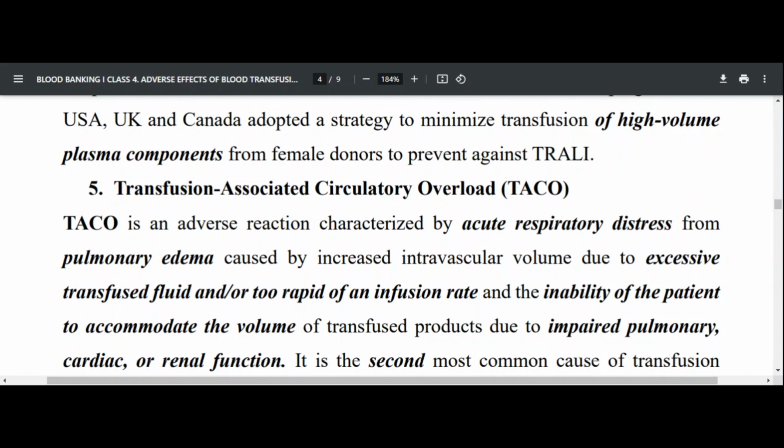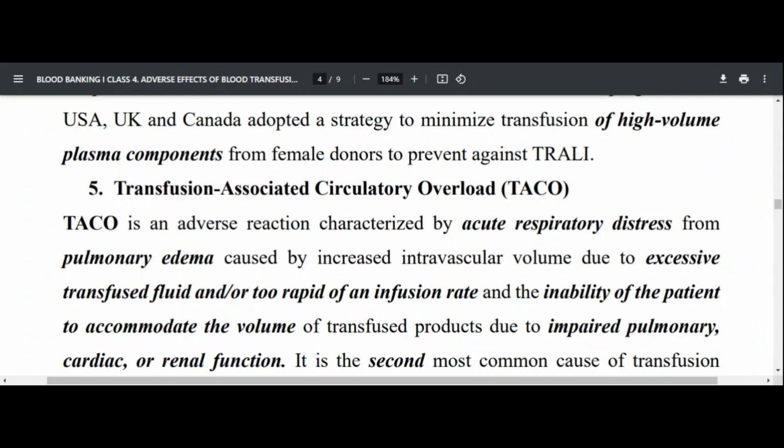But it's not immediate edema as you see in TACO, because TACO is associated with overload. That is edema of the lungs, just edema. In TRALI there could be pneumonia, which is different from edema. So those are some of the manifestations that can help you differentiate.